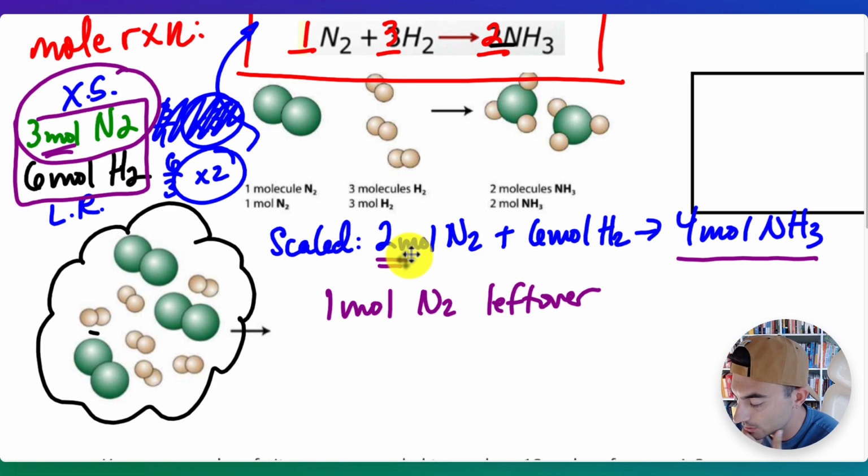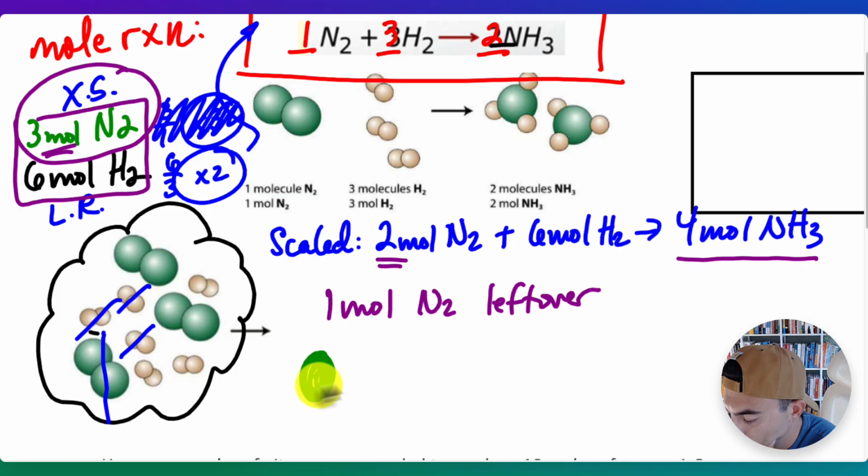We can actually use the particle diagrams here to confirm the math that we just did. If we follow the recipe, or the mole reaction, every time 1 mole of nitrogen is used, 3 moles of hydrogen are going to be used to produce 2 moles of NH3. I'll try and draw them pyramidal because that's geometrically how they exist.